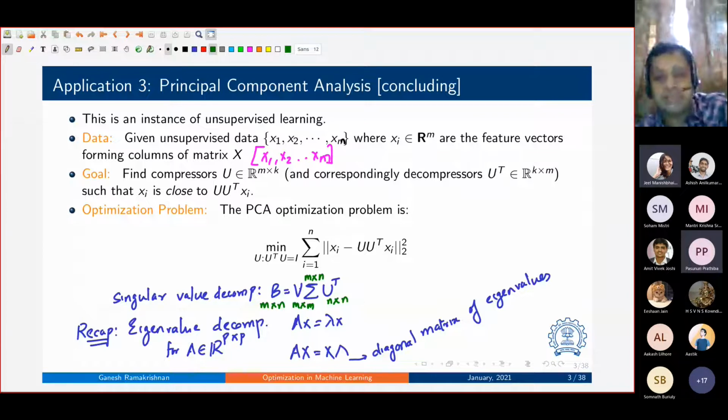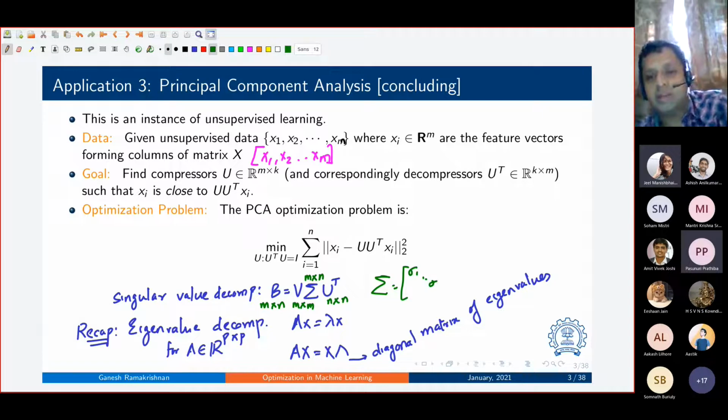So this sigma would have a number of singular values, which would correspond to the rank of B. So sigma would look like sigma 1 up to sigma K, and the rest will be 0.